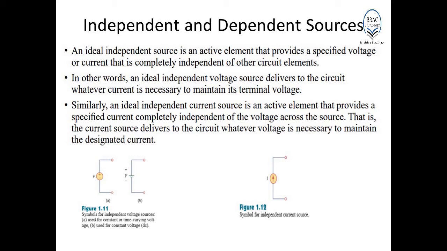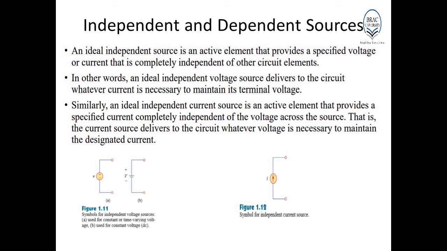In this slide, we will discuss the independent sources. And then in the next slide, we will discuss the dependent sources. Now, an ideal independent voltage source delivers to the circuit whatever current is necessary to maintain its terminal voltage.